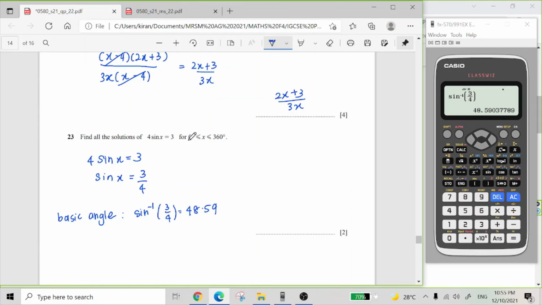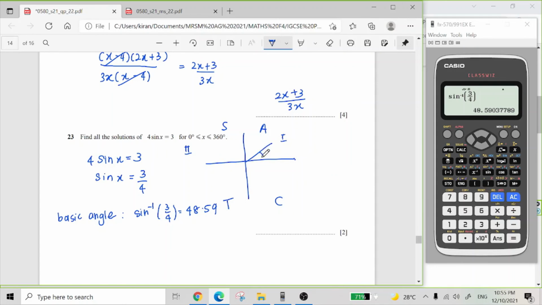Since 3 over 4 here is positive, this is the quadrant that we have to choose from, 0 until 360. So where is the sine positive? Add sugar to coffee. So sine is positive in the first quadrant and the second quadrant.